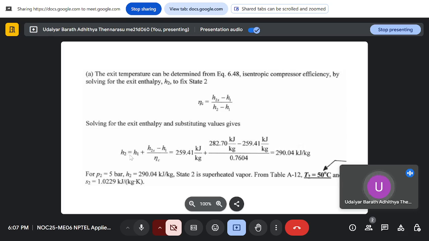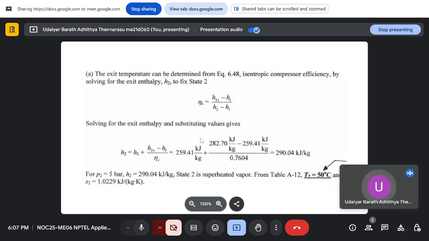Substituting the enthalpy values here, H1 is 259.41, my inlet enthalpy to the compressor. My isentropic exit enthalpy from the compressor is 282.7, and my isentropic efficiency of the compressor is 0.7604. Substituting, I will get H2 as 290.04 kilojoule per kg. So that is my enthalpy.